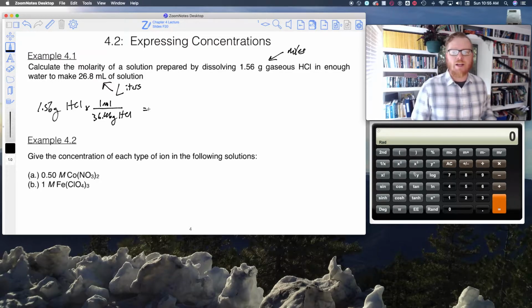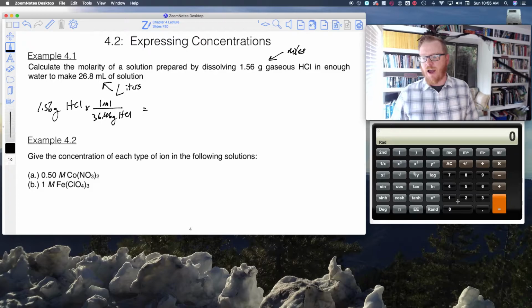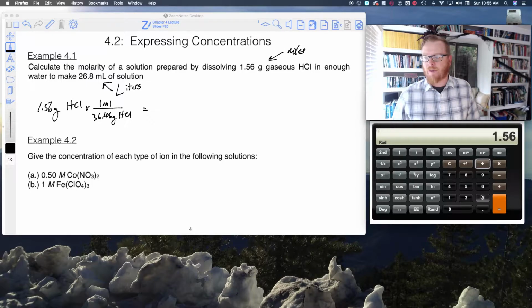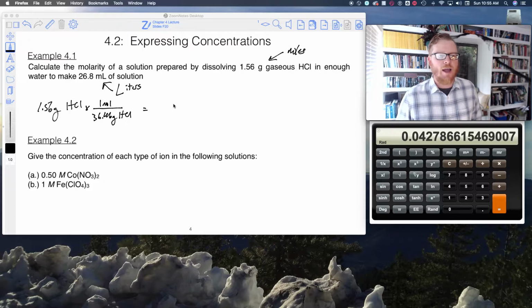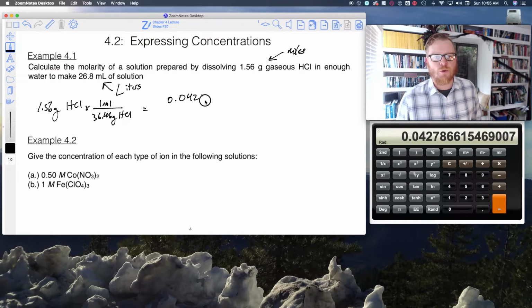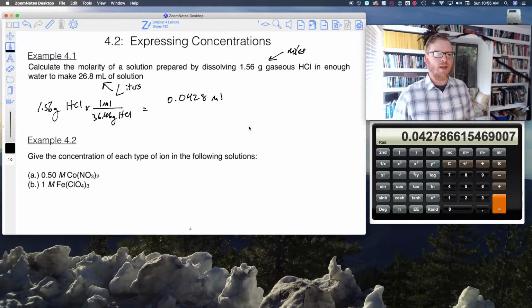Okay, and when I do that, I've got 1.56 divided by 36.46. Okay, and so I get, with 3 significant digits, 0.0428 mole.